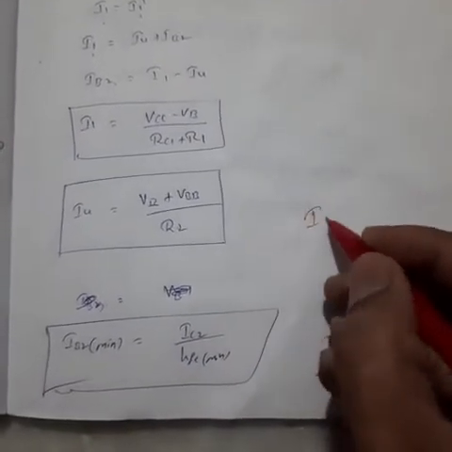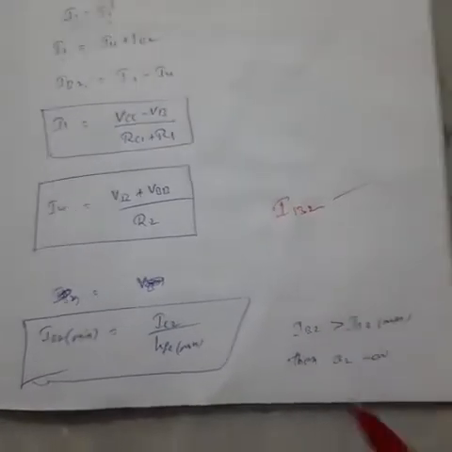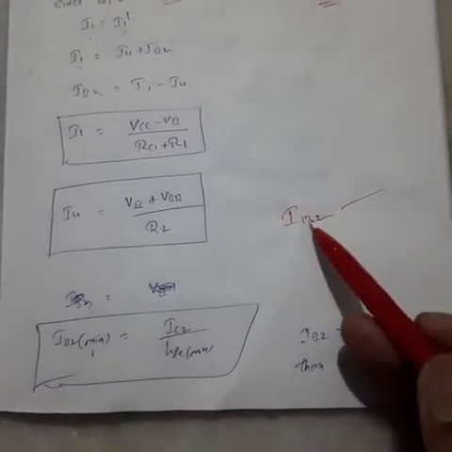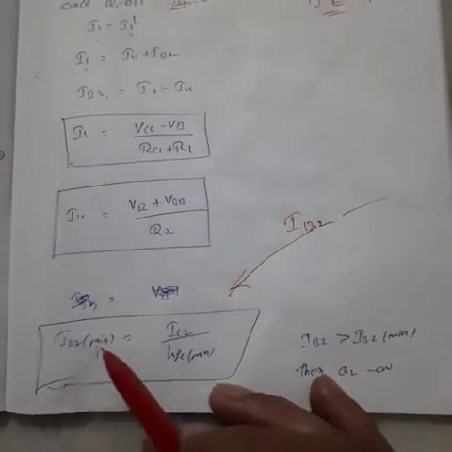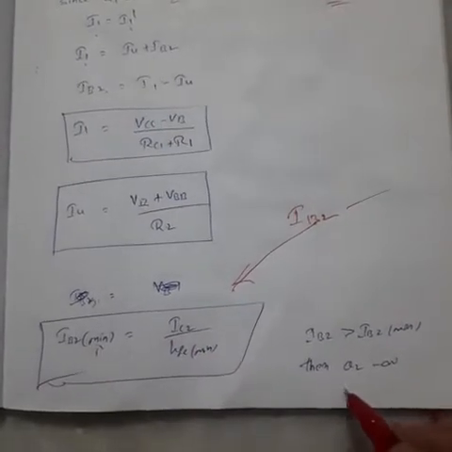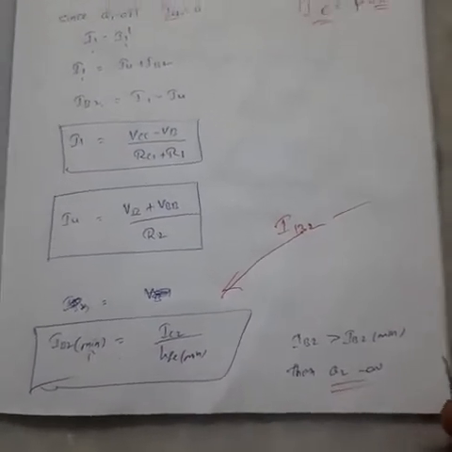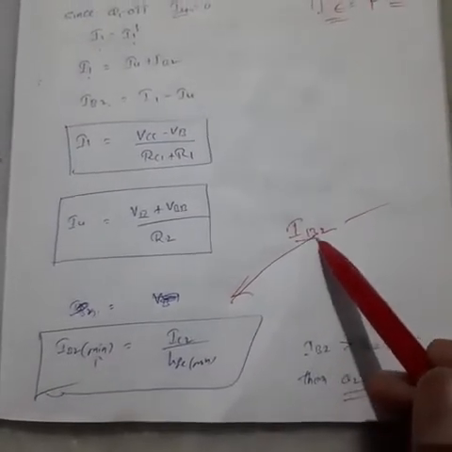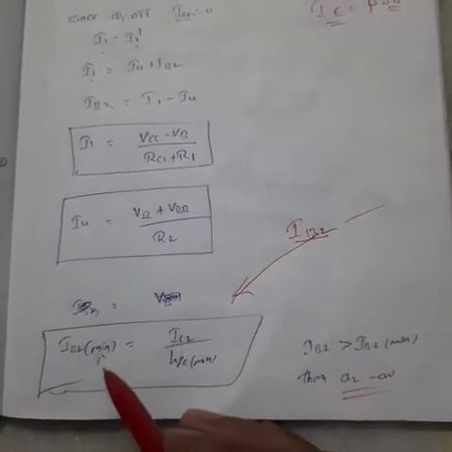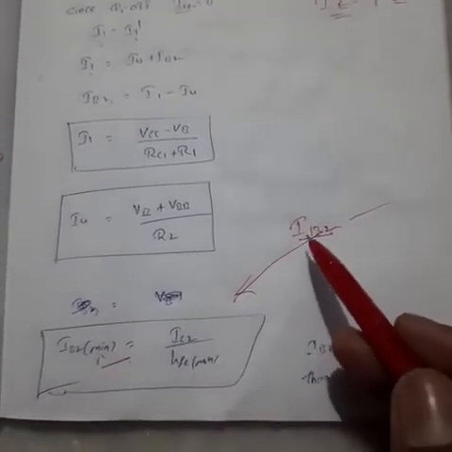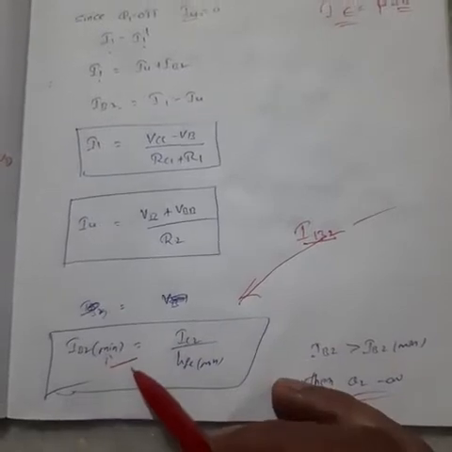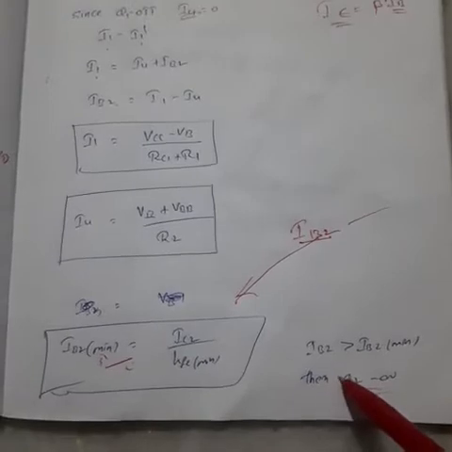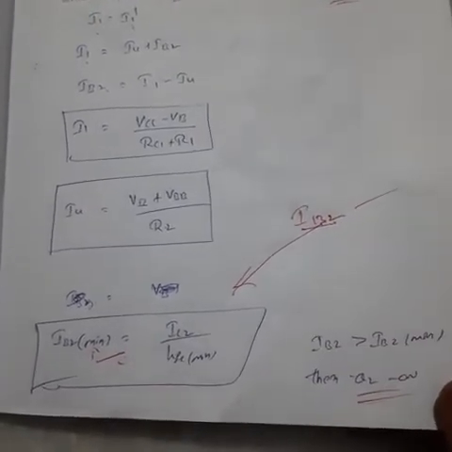Here we are calculating IB2 from the circuit, and from the given specifications we have to calculate IB2 minimum. If this IB2 is greater than the given IB2 minimum, then the transistor Q2 is said to be in on condition. Otherwise, the transistor is in off condition.